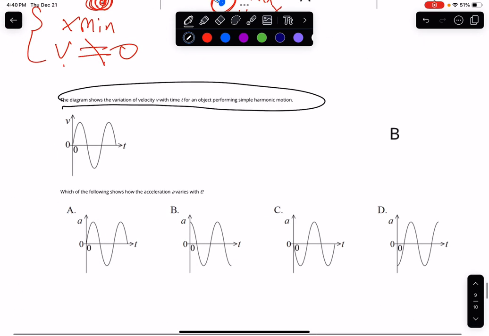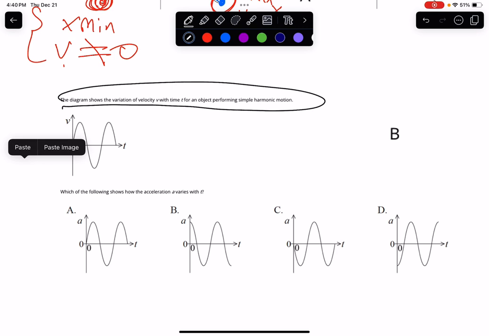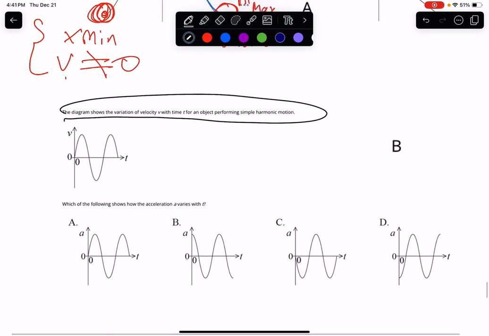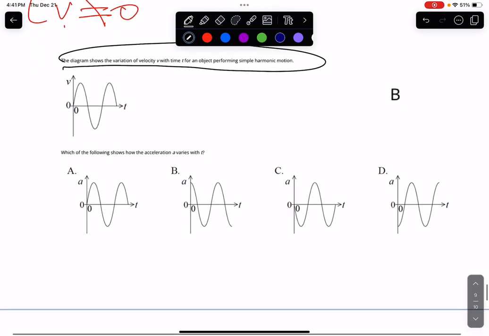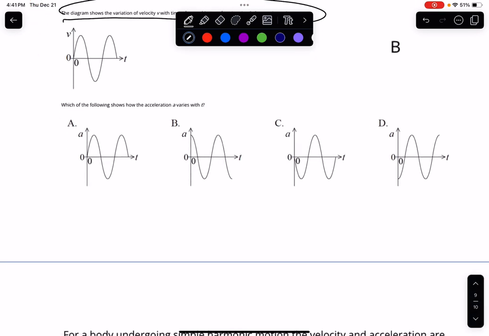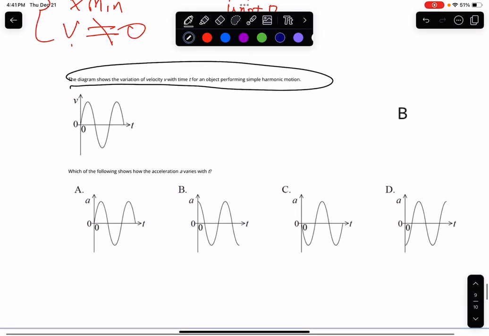Okay. All right. One second. Okay. So if the graph is showing the variation of velocity with time, then they want us to find how acceleration varies with time t, right?